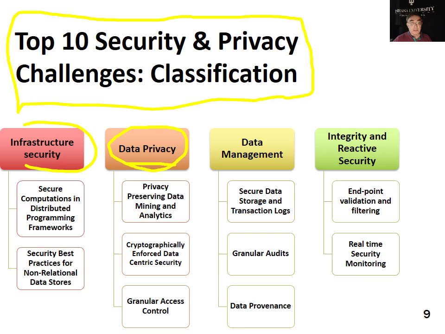The infrastructure has to be secure. The data has to be managed in a secure fashion. And you have to worry about the actual real-time activities, monitoring everything in real time, looking at the various endpoints and seeing that those are safe and not corrupted. And so here are a total of 10 challenges that they identified as critical things to be addressed.